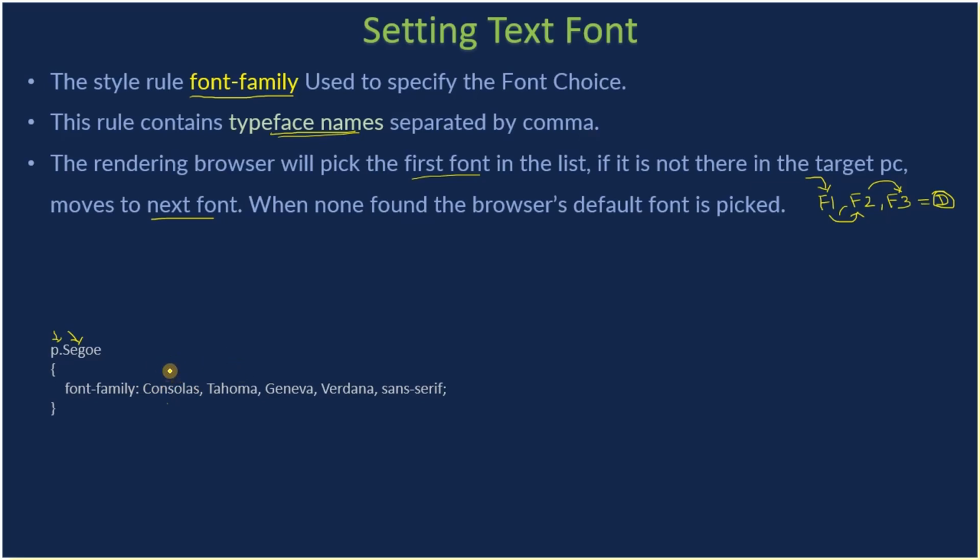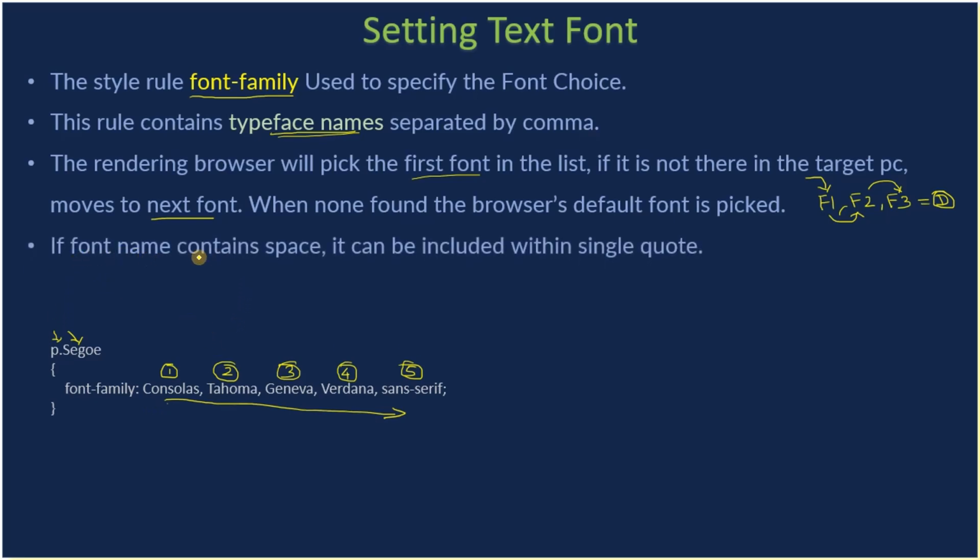Consolas is the first font in the list. The next one is Tahoma. The third one is Geneva, then Verdana, and Sans Serif. So the browser will visit from left to right and try to apply the font.